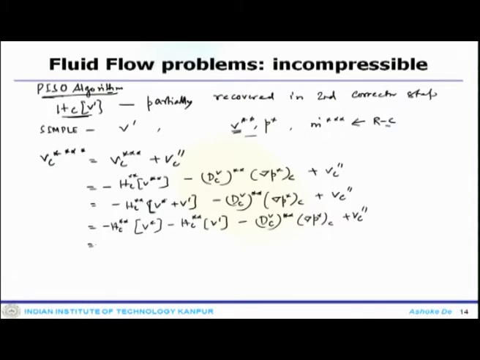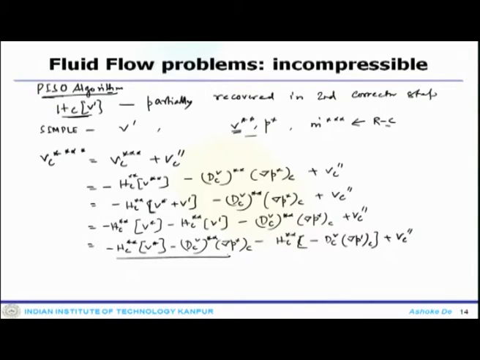And this, if you write H_C^** V^* minus D_C V^** delta P^*_C minus H_C^**, H_C^** minus D_C V delta P'_C plus V_C'', so this is equivalent to your V_C^***.